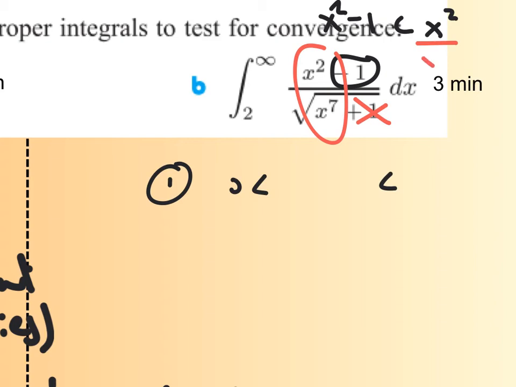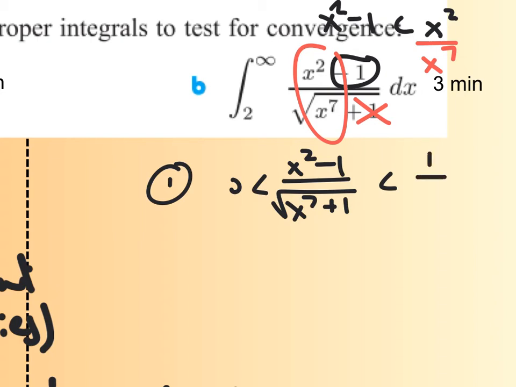So x squared over the square root of x to the 7th plus 1 will always be less than, on this interval from 2 to infinity, will always be less than 1 over x to the 5th.